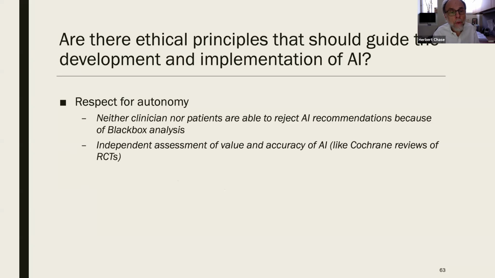When it comes to autonomy, as mentioned, I don't think we can figure out what's in the black box and be purely autonomous. We need proven value. And we may need a group of people like Cochrane reviewers of drugs to review; maybe that's already happening and I just haven't stumbled upon it yet. We need a group of deep thinkers to look at each intervention before it goes live in a hospital and say, prove it to me.